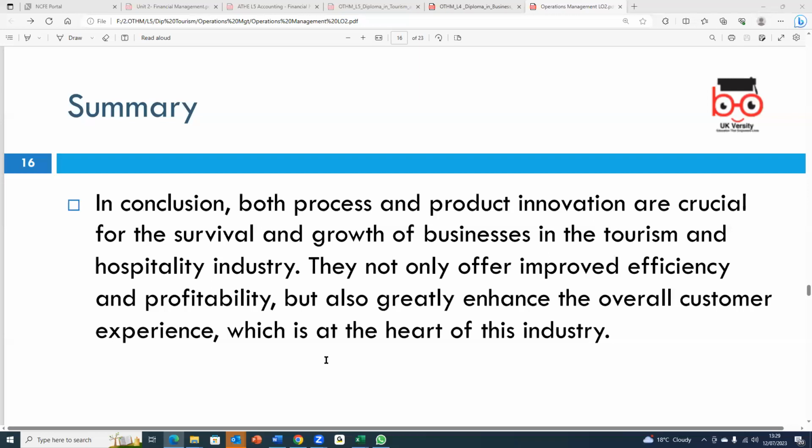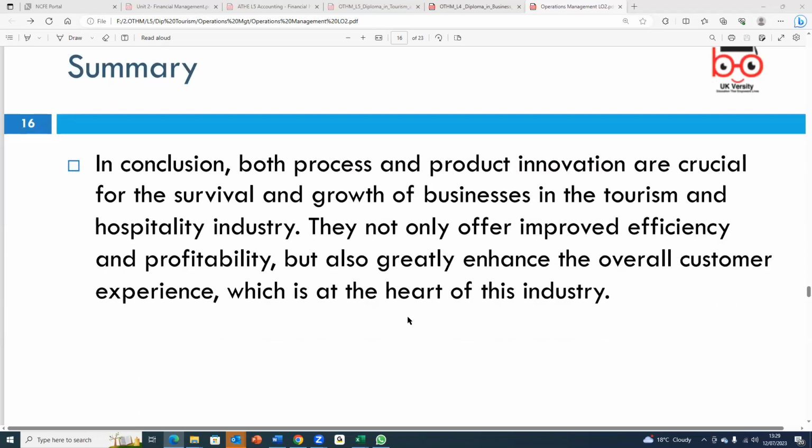All these product and process innovations are very crucial for the survival of this industry. They offer improved efficiency and profitability, but also enhance customer satisfaction and loyalty. This is what the tourism and travel industry is all about: keeping the customer happy.